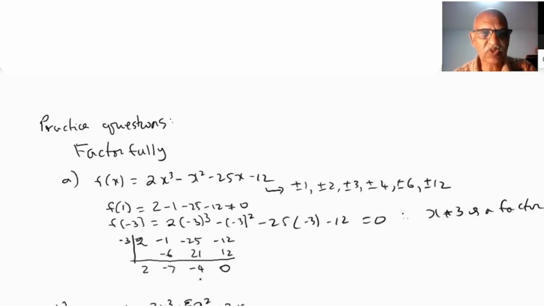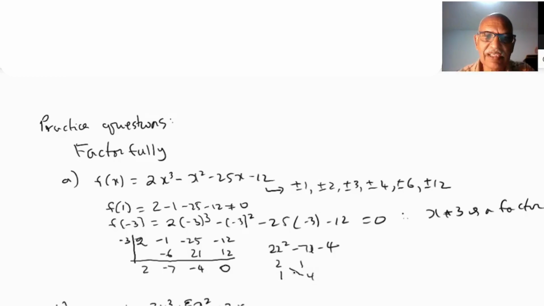Therefore, this is the quotient. Since the original was x cubed, these will be the coefficients of x squared. So 2x squared minus 7x minus 4. Then I factor this one here. The factors will be 2 and 1, by trial and error or by inspection, 1 and negative 4.